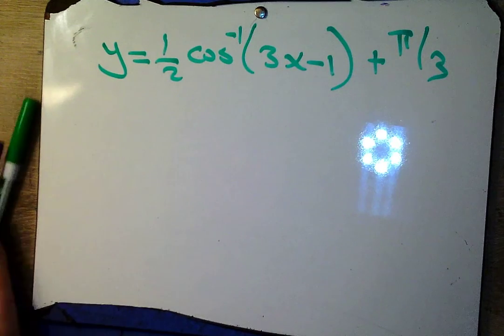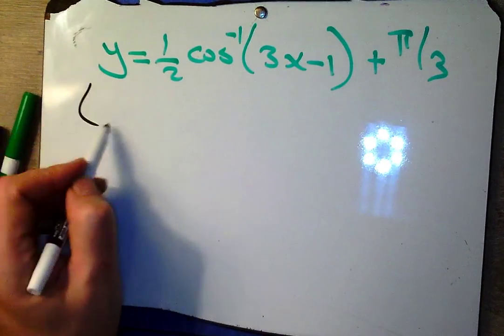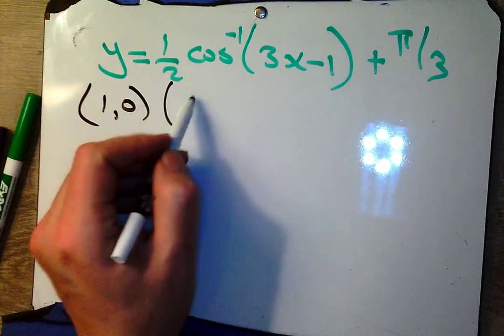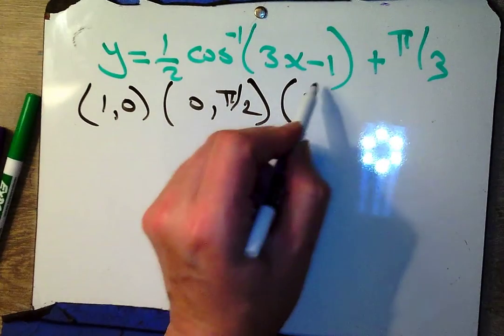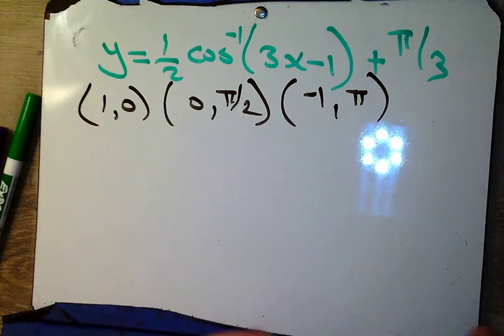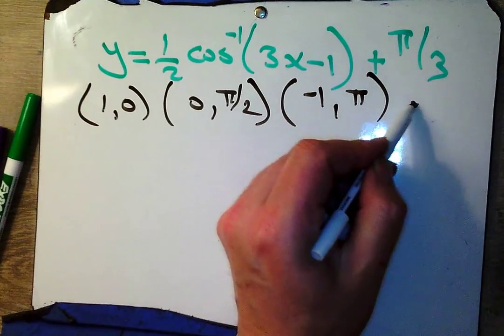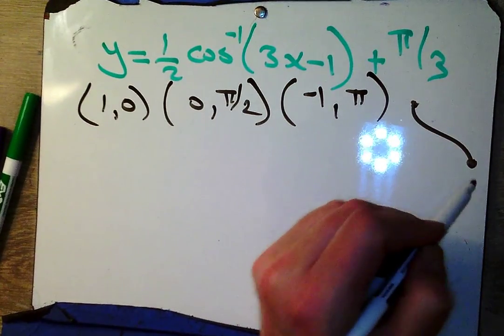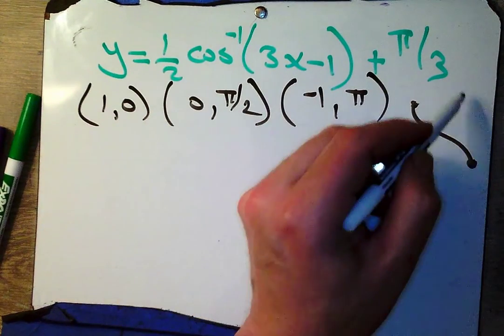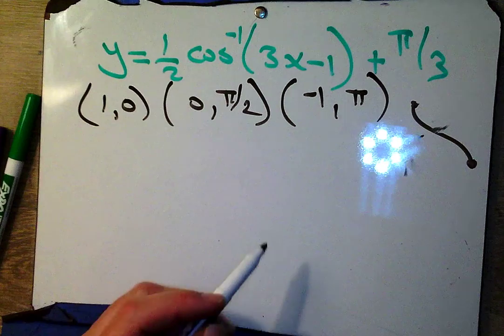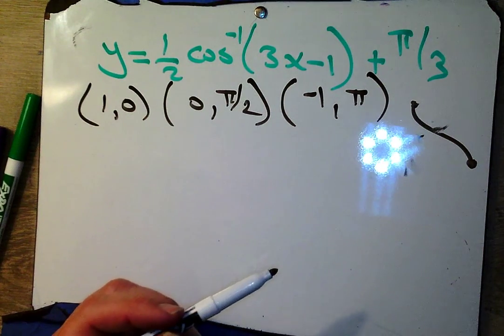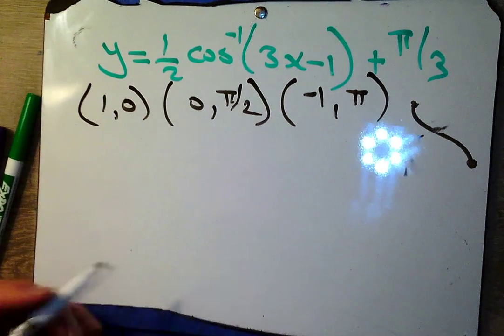Hey everyone, welcome back. Did you start off with the correct reference points? 1, 0, 0, pi over 2, and negative 1, pi. Okay, and we're thinking about this graph. No negative out in front, so I don't have to worry about reflecting that. This is my graph. And I see a bunch of transformations. So which one do I do first?